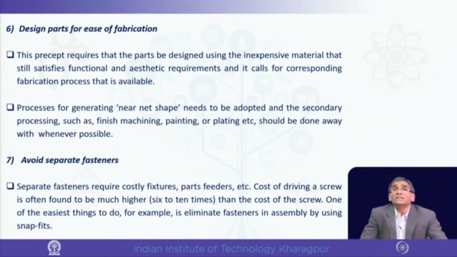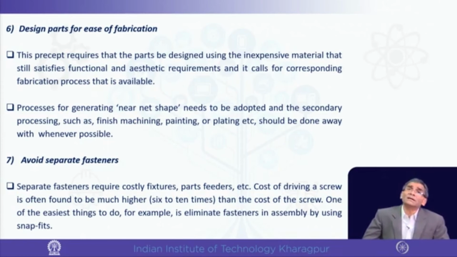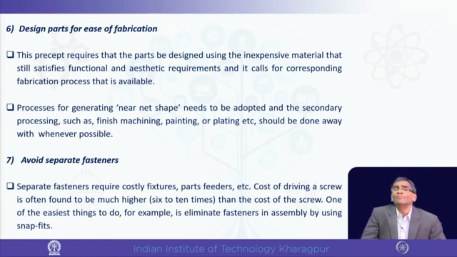Avoid separate fasteners. Fasteners are costly, and assembly of fasteners is costly because it takes labor. A screw may be very small and very inexpensive, but if we look at the labor cost of driving it through, we will see that it involves cost.